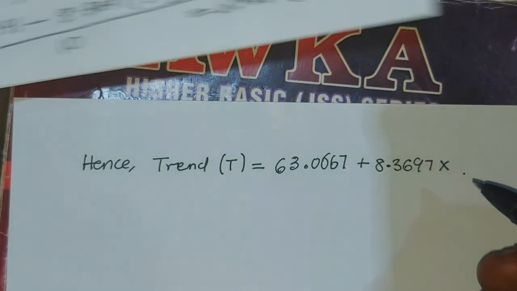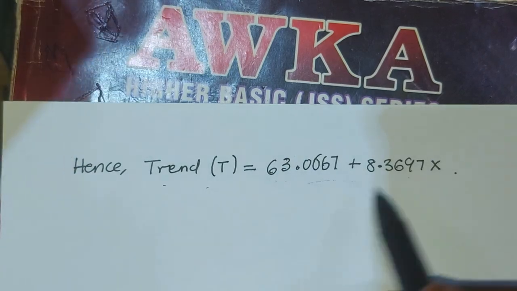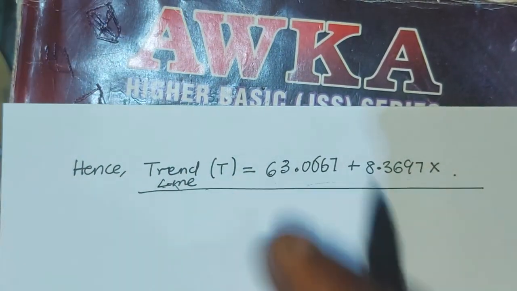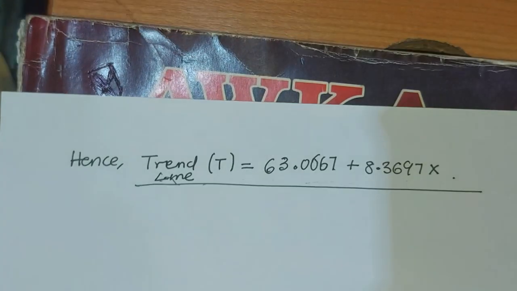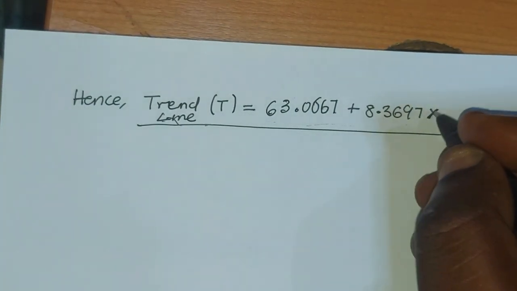All right, so once you have the coefficients, you have to calculate your trend line. You determine the trend line. Are you with me? All right, so this is the trend line.